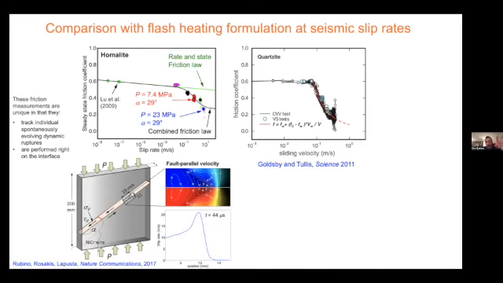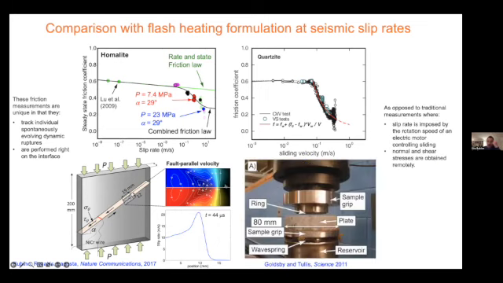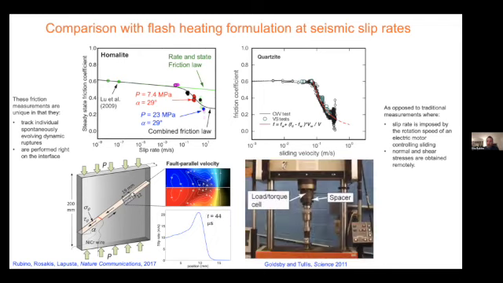Now, one key difference between these two sets of measurements is that our measurements, as I was mentioning earlier, are done for a spontaneously evolving dynamic rupture, and they are taken right on the interface, whereas the ones with the rotary shear apparatus have an imposed velocity, so it doesn't evolve spontaneously, but there's a motor driving it. And the forces are measured far away from the interface, then friction is deduced.